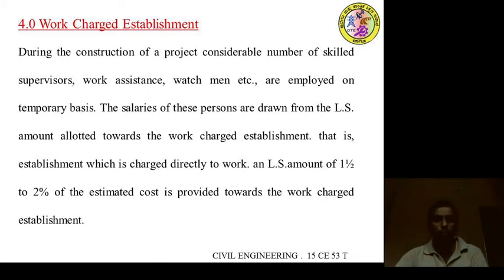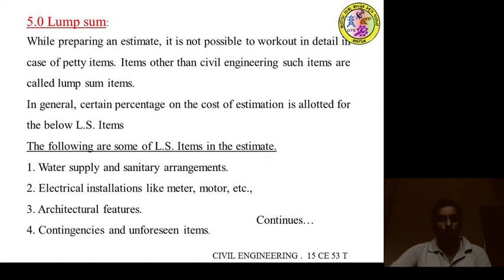It is assumed to be 1.5 to 2% of the total estimated cost of the project, which is used for the employees, that is supervisors, inspectors, watchmen, safety officers. The salary will be given on the basis of the work charge establishment. It is the cost not included in the estimation of each item.